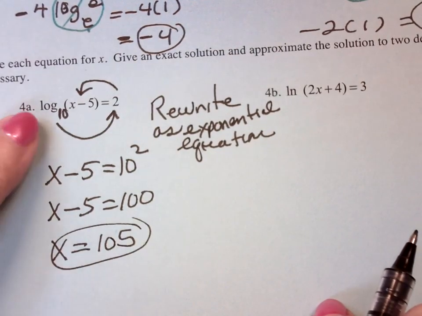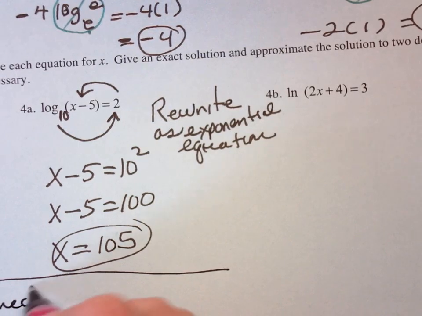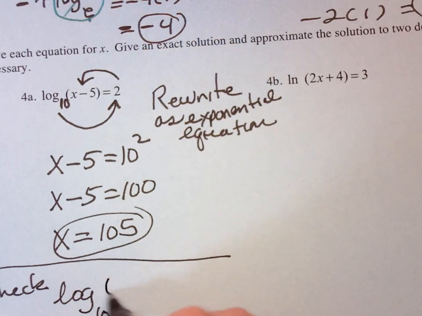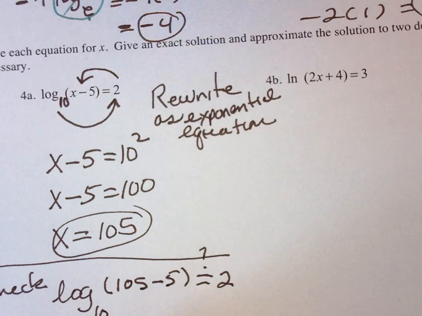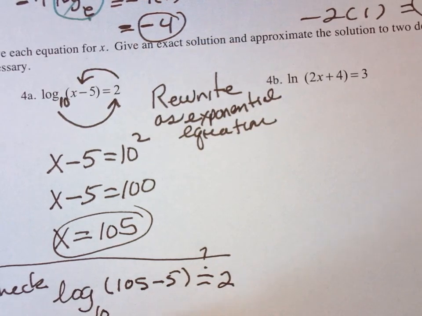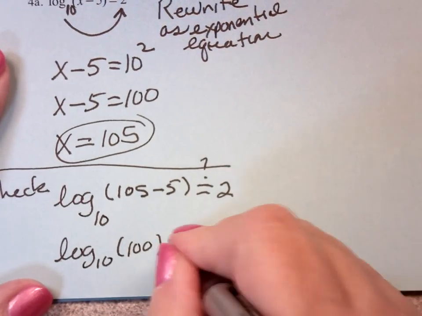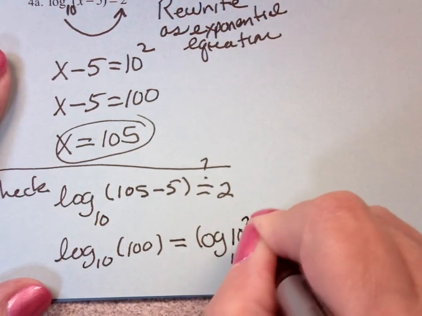So that says that log base 10 of 105 minus 5 should equal 2. This is log base 10 of 100, which is log base 10 of 10 squared.